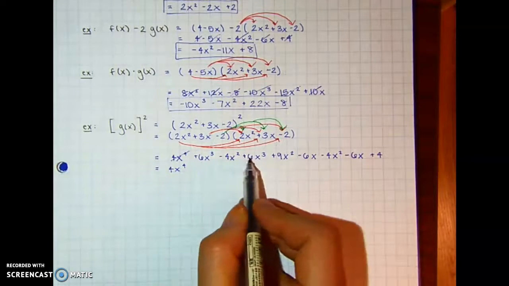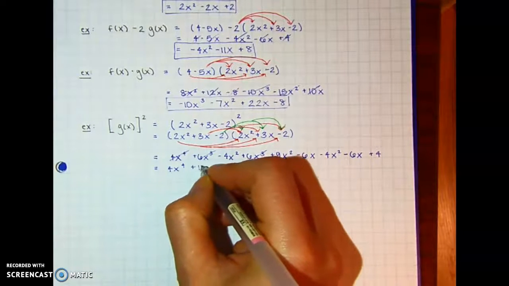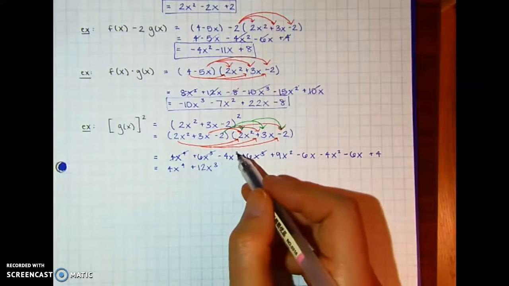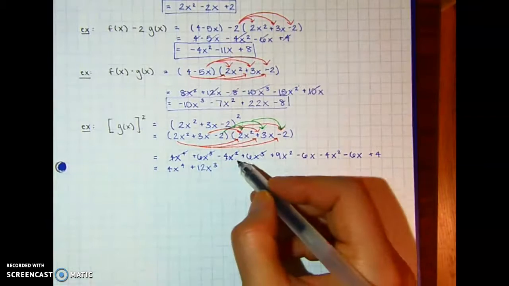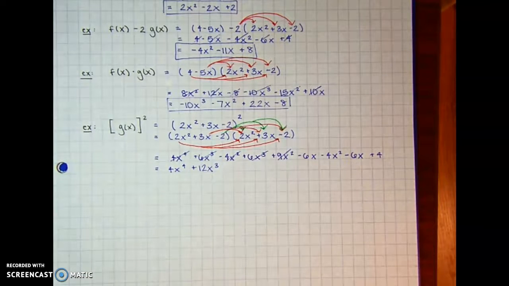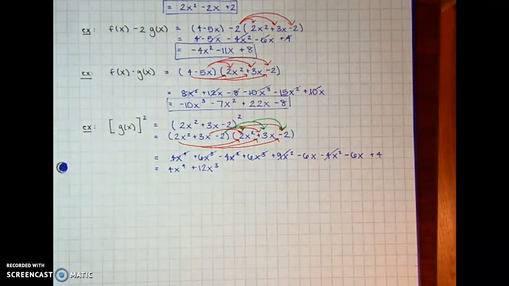So I have 6x cubed plus 6x cubed, so that's going to be 12x cubed. I have negative 4x squared plus 9x squared, and then minus 4x squared.